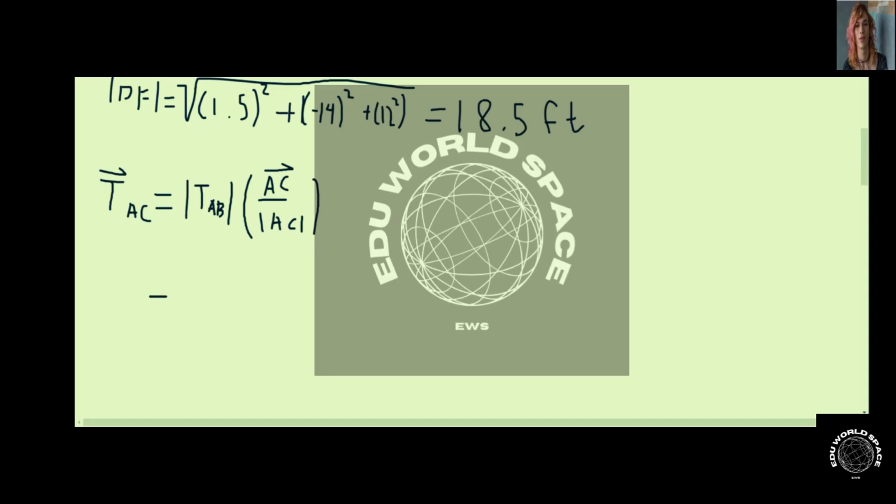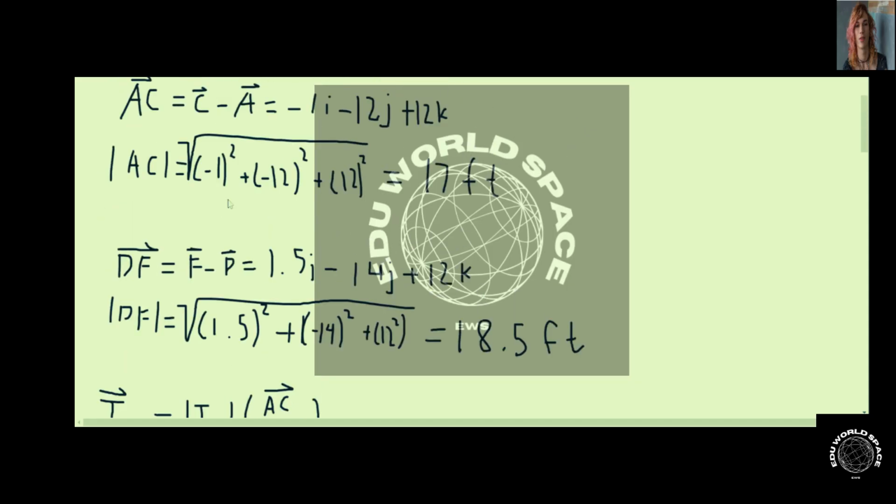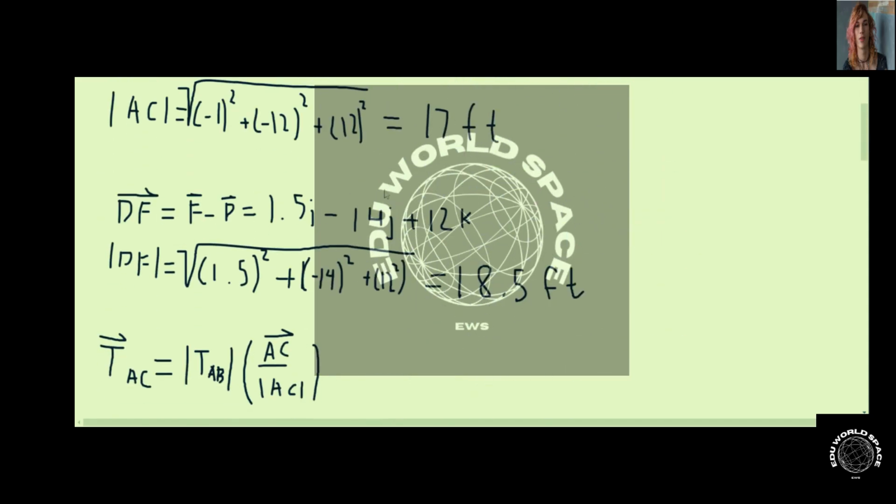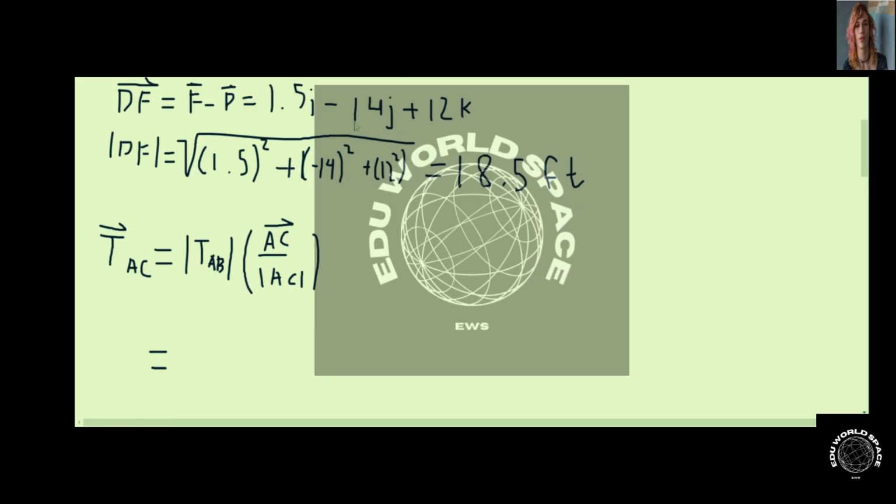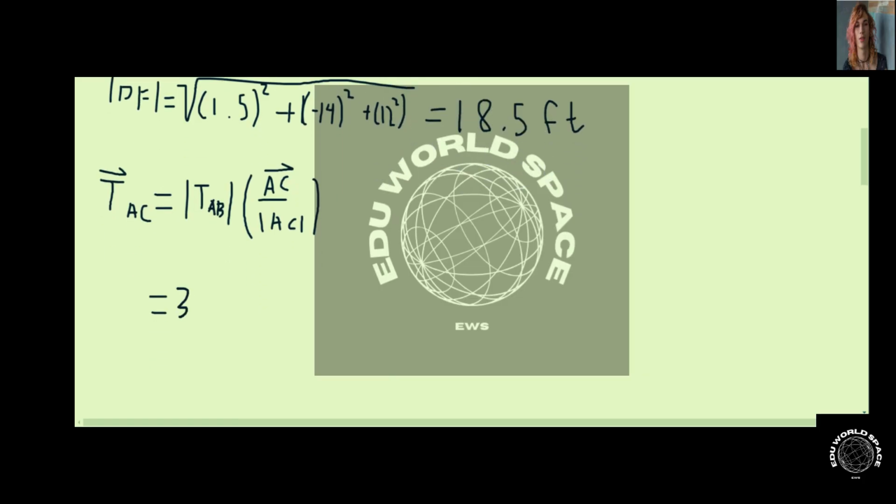And plugging in what we know, we're given this tension, and we've calculated the AC vector and its magnitude. So now we just plug in. So we have 306 times the AC vector divided by its magnitude.